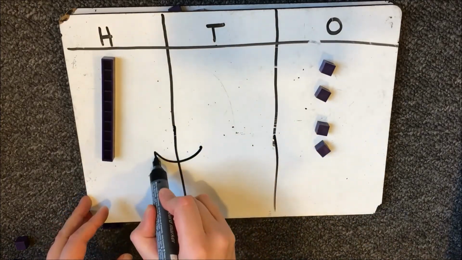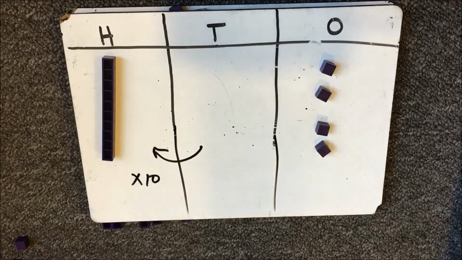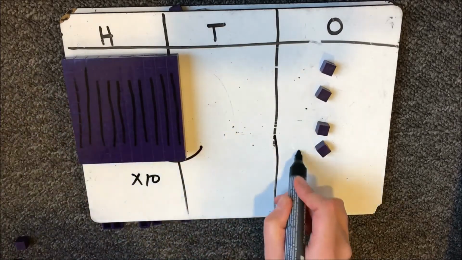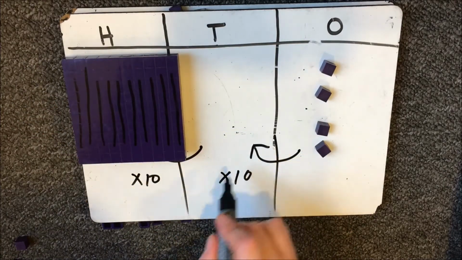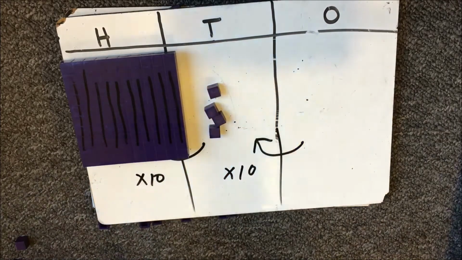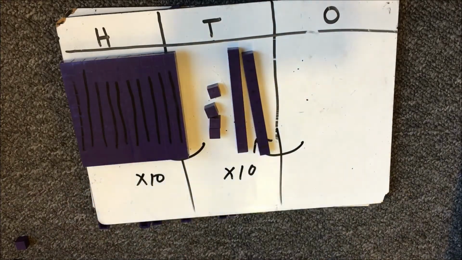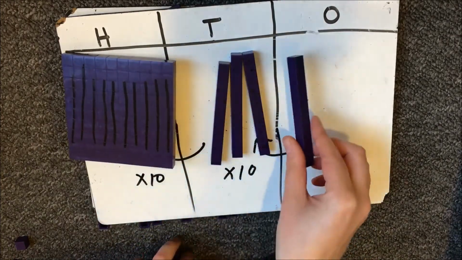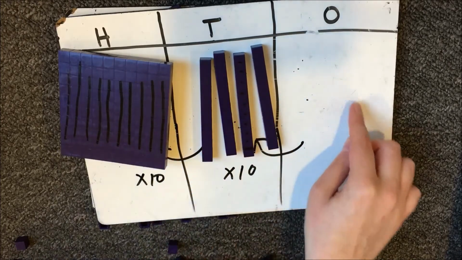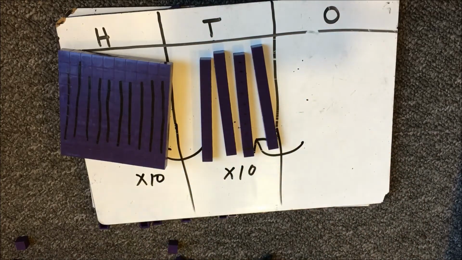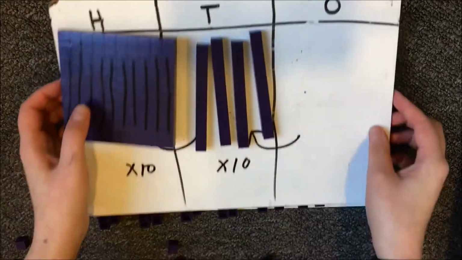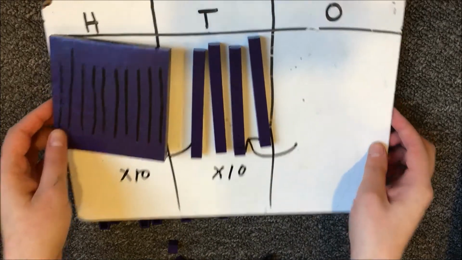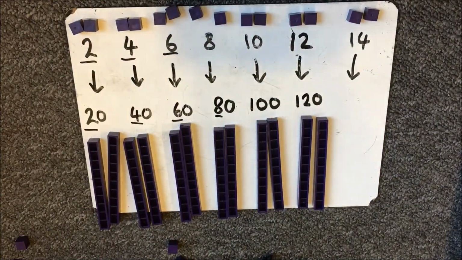So it's going to move over here and it's going to become a 100. And the 4 ones are going to get 10 times bigger and become 10, 20, 30, 40. So when I times by 10, everyone just moves into the next column. So this one's going to be 100, switch, 110, 120, 130, 140.